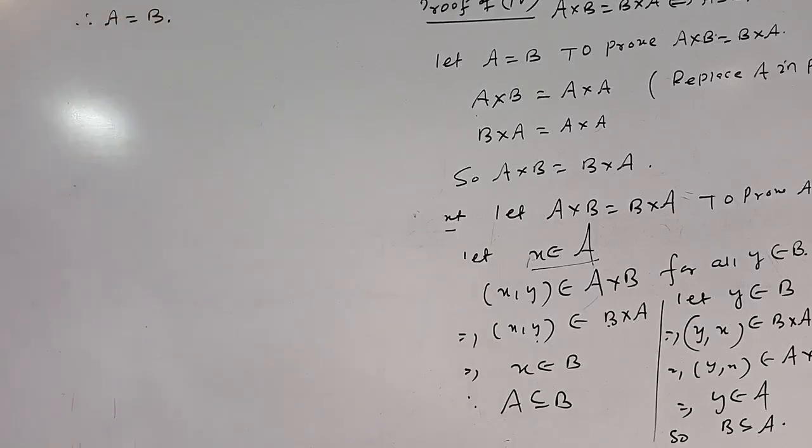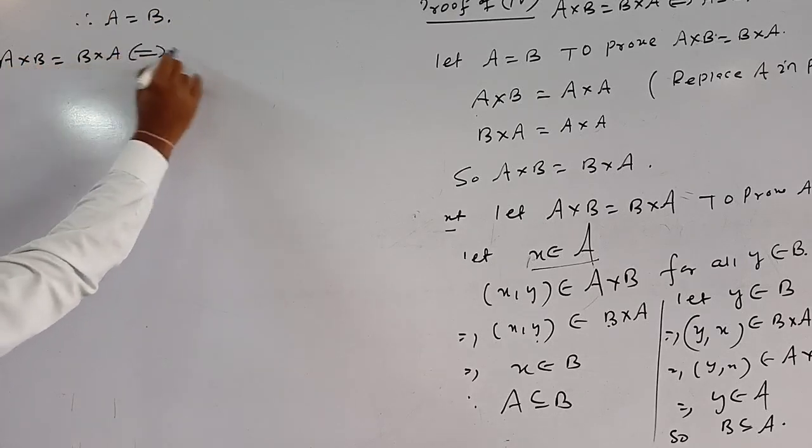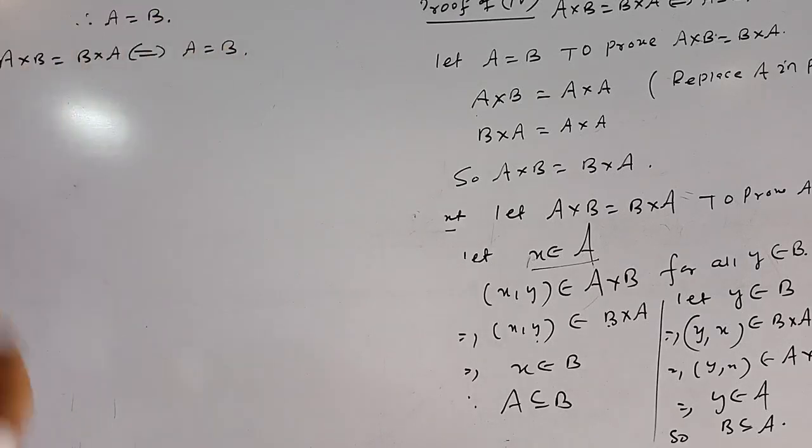Okay. So A cross B is equal to B cross A if and only if A is equal to B set. Okay.